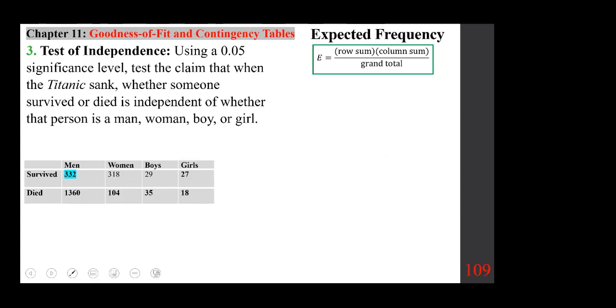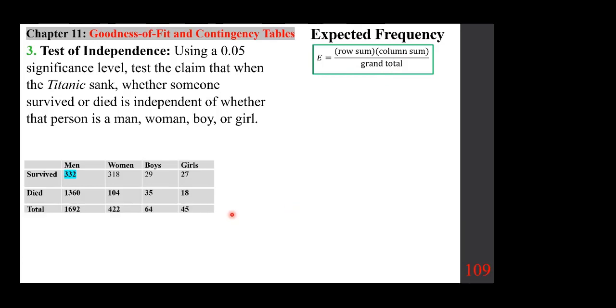Test of independence using a 0.05 significance level. Test the claim that when the Titanic sank, whether someone survived or died is independent of whether a person is a man, woman, boy, or girl. So the expected frequency has this formula, row sum times column sum over the grand total. So let's see what we need to calculate.